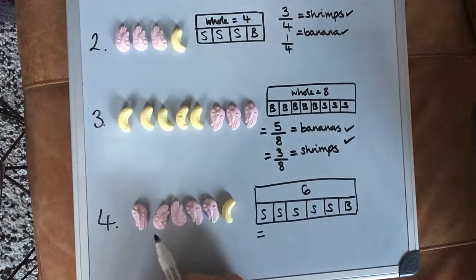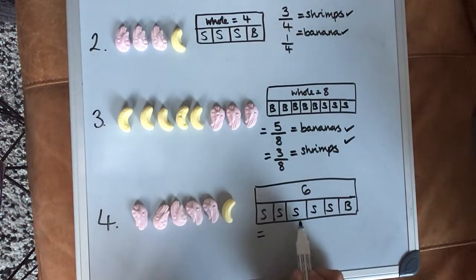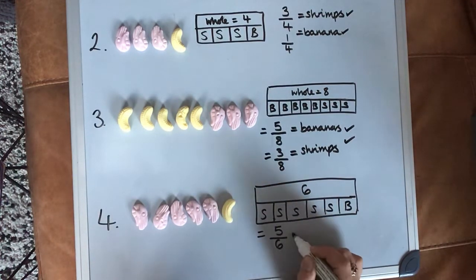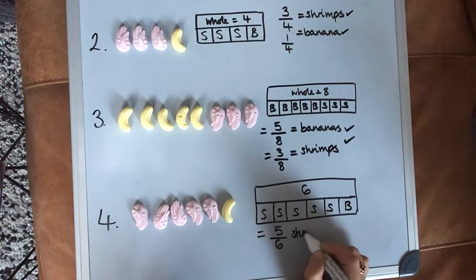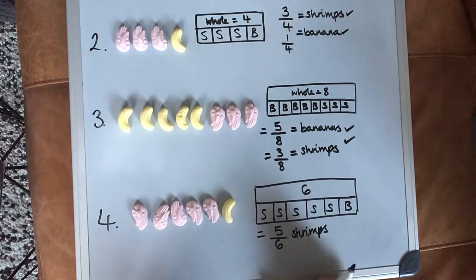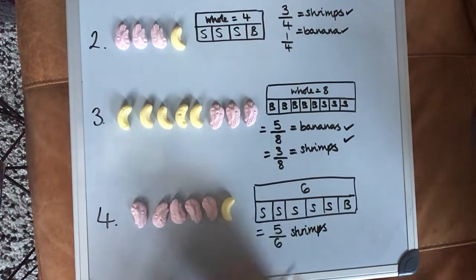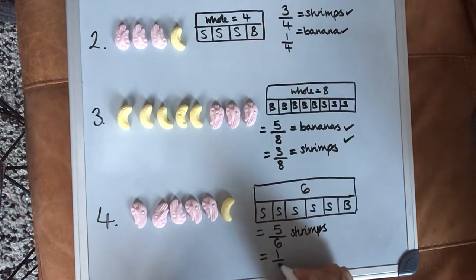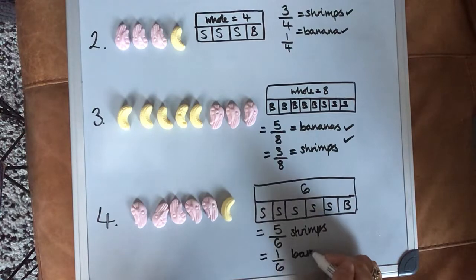So we've got 1, 2, 3, 4, 5 out of the 6 sweets are shrimps. So we'd write that like this, 5 out of 6 shrimps. Okay. And then we've got 1 banana left on his own, 1 out of 6 bananas.